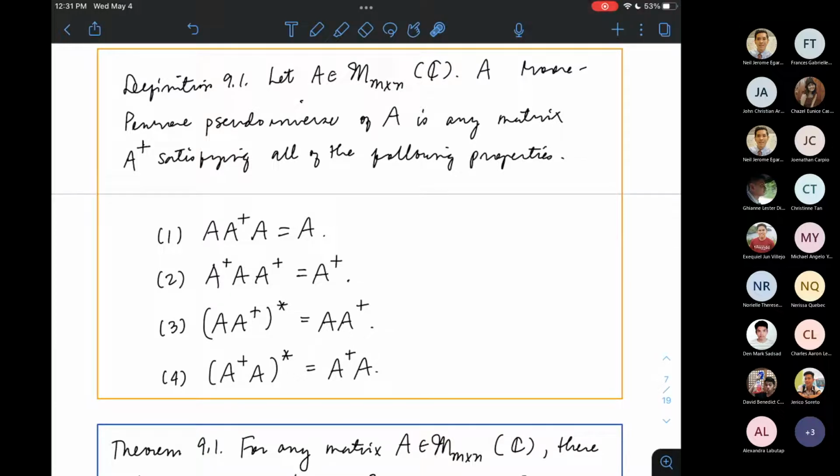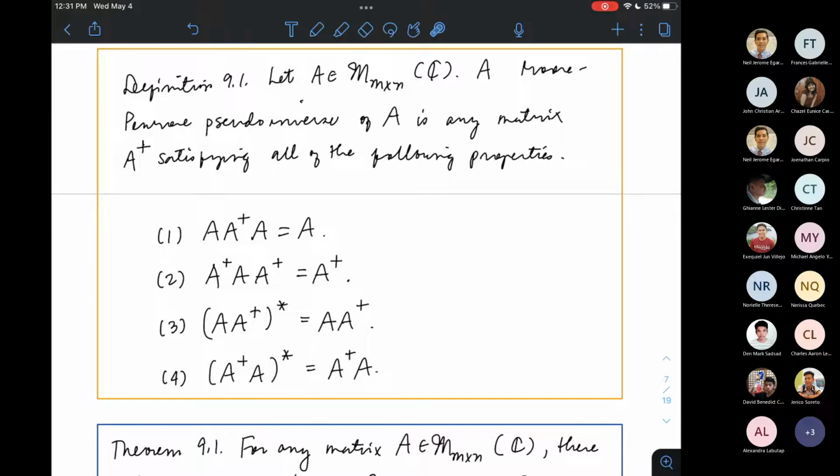Well, this definition is handy in verifying whether a certain matrix is a pseudo-inverse of one matrix. Pero mahirap siyang gamitin para computein kung ano talaga yung pseudo-inverse ng isang matrix A. Binigay niya yung characteristics na kailangang masatisfy ng isang pseudo-inverse, pero hindi niya tayo binigyan ng paraan paano mag-compute ng pseudo-inverse.